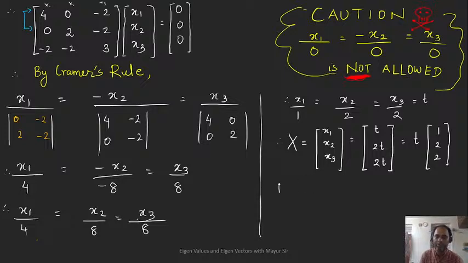Put t equal to 1, therefore capital X1. You can put t equal to 1000 also, there is no problem. You can put t equal to 5000 also, no problem, but all your answers are multiples of 1 2 2. So X1 is 1 2 2. This is your answer.